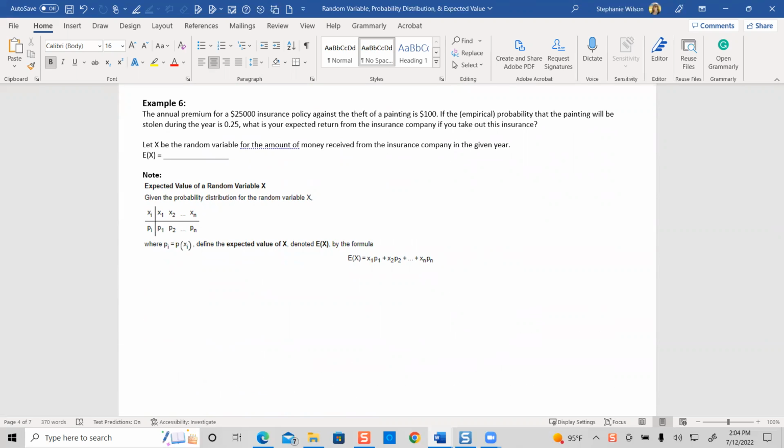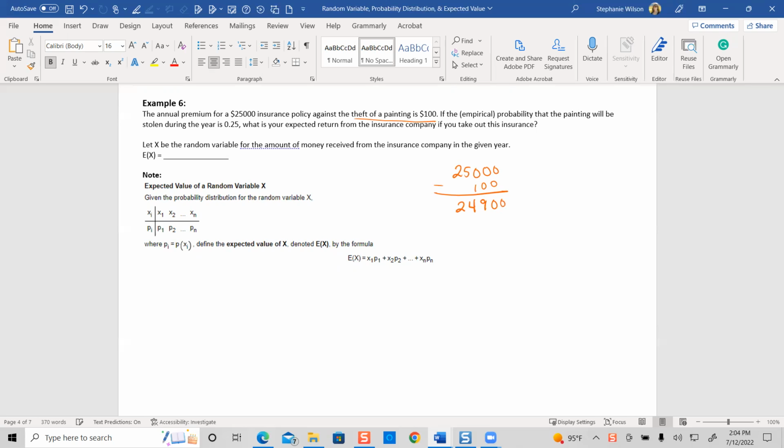So let's look at it. If the painting is stolen during the year, the net amount is received from this. Well, if we have $25,000 and we subtract the premium of 100, we're left with 24,900.